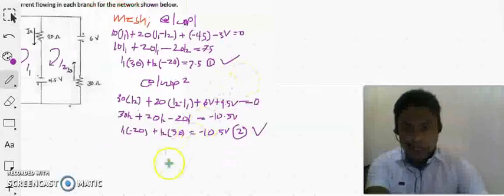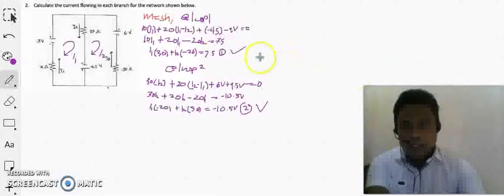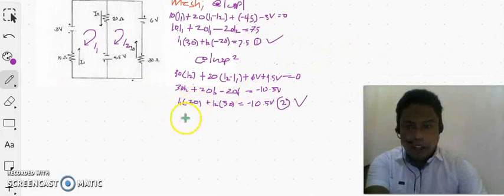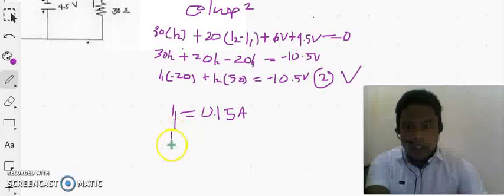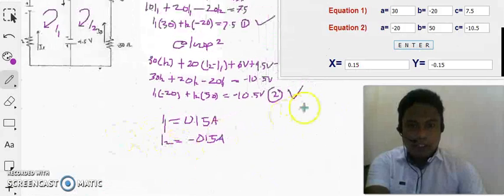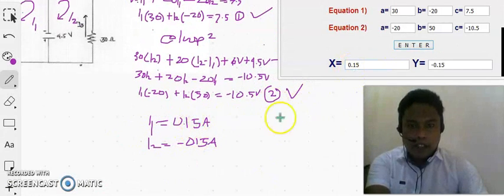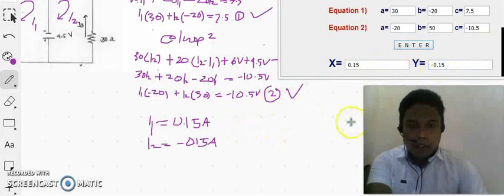So therefore, using the calculator, our I1 is 0.15 ampere. Our I2 is negative 0.15 ampere. Review again: our X, I1, is 0.15, and our Y, I2, is negative 0.15 ampere.